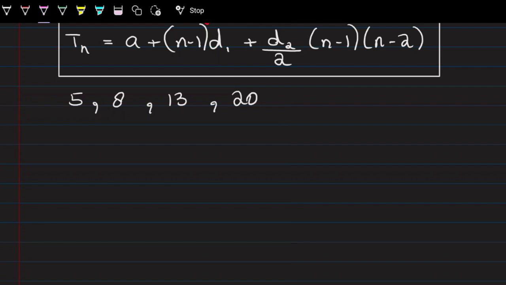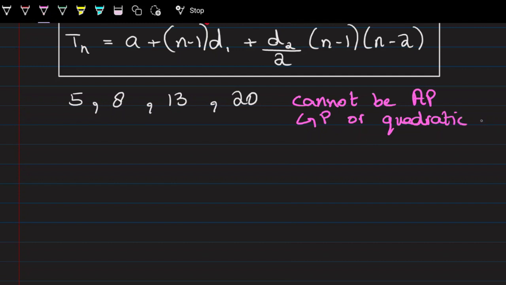The difference is not constant, therefore this cannot be AP. It has to be GP, or it is also known as a quadratic sequence.